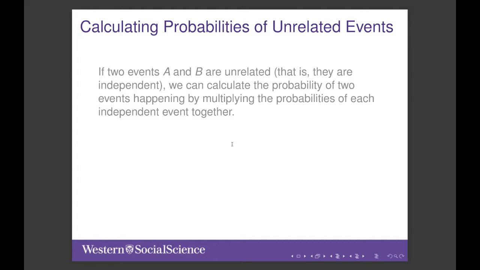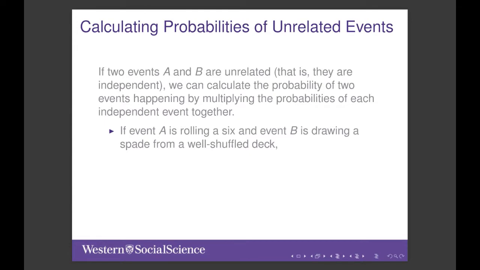If we think about low probability events, for example, getting hit by lightning and winning the lottery, we know that even though both are quite unlikely events, having both happen to us is even less likely. In unrelated events, where the outcome of one event has no bearing on the outcome of the other, we can calculate the probability of two events happening as the product of their individual probabilities.